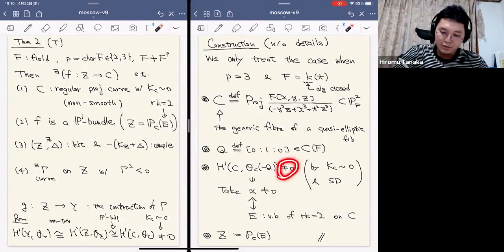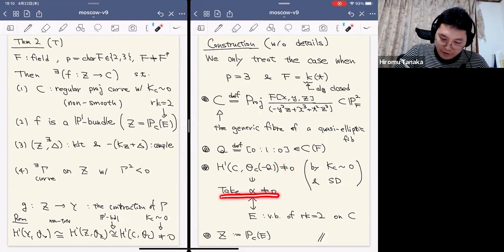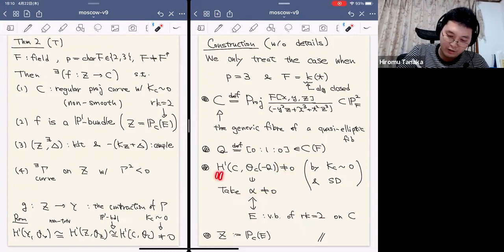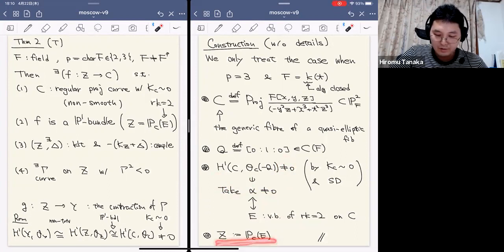As we know that this is non-zero, we can pick a non-zero element, which corresponds to a vector bundle of rank 2. Then we take Z to be the P1 bundle associated to this vector bundle.